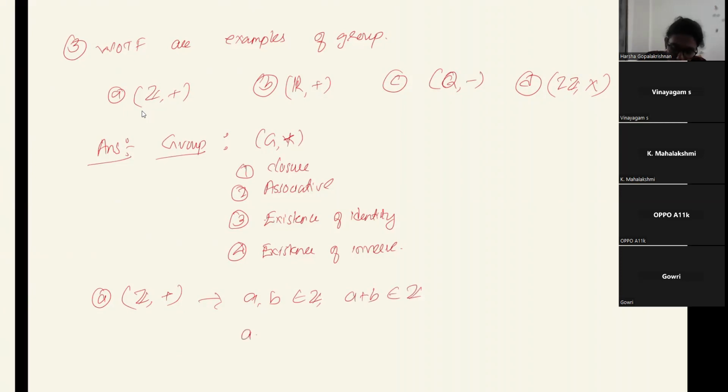The associativity means (A plus B) plus C should be equal to A plus (B plus C) for all A, B and C in Z. For any integers A, B, C, in whatever order we are adding, that does not matter. So associativity also holds. Now, what is the identity here?